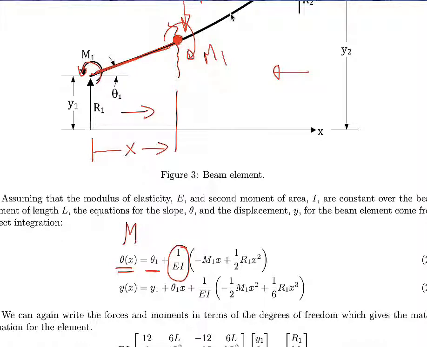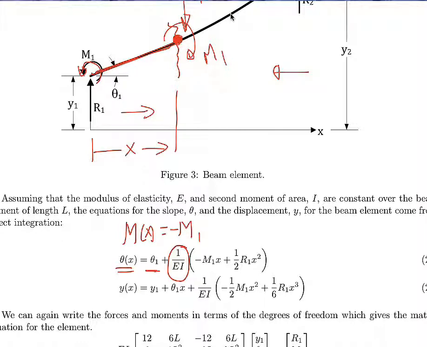The moment at any position x is equal to the moment here minus M1, because M1 applied on the left side is positive, then on the right side it would be negative.